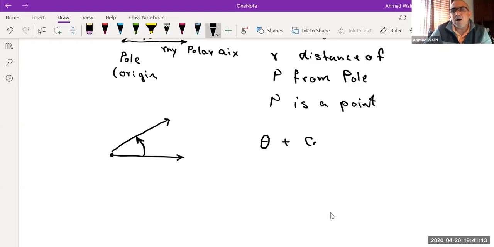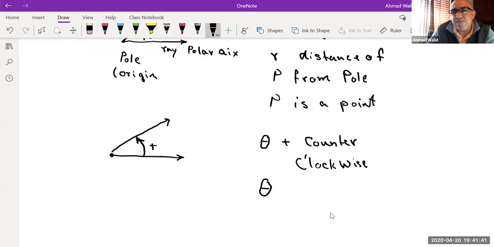Positive angles always counterclockwise. If I make a spelling mistake, don't tell me, otherwise I'll deduct your point during the test, okay? Positive angle means you're moving counterclockwise. It gives you a positive angle.